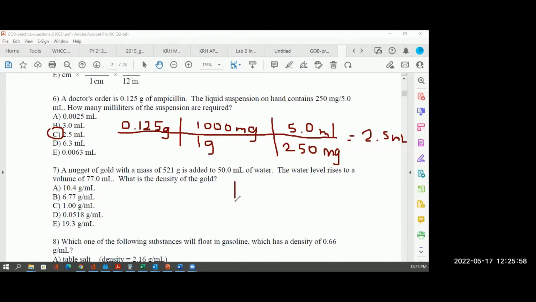So let's kind of draw it out. If we have a graduated cylinder and it has 50 mils of water, then I drop my gold in there.